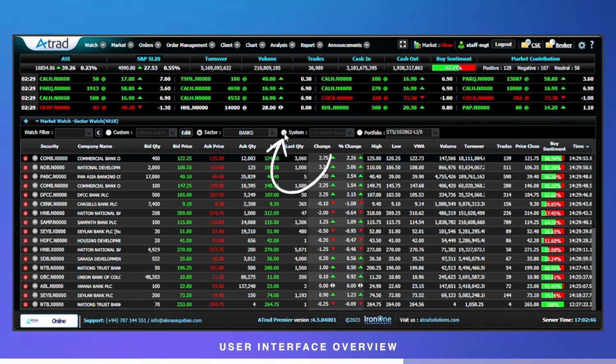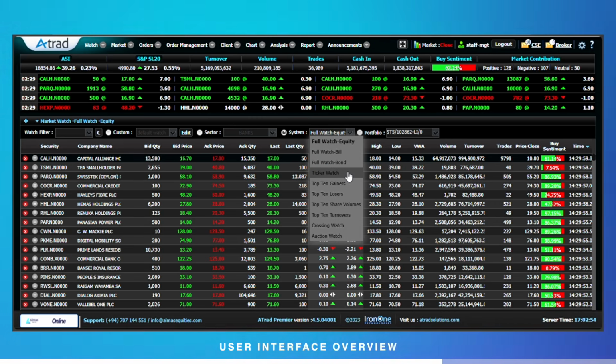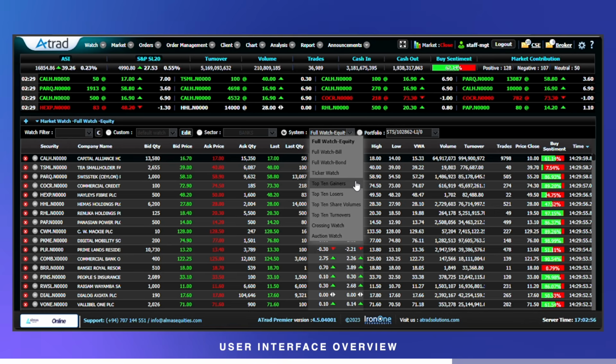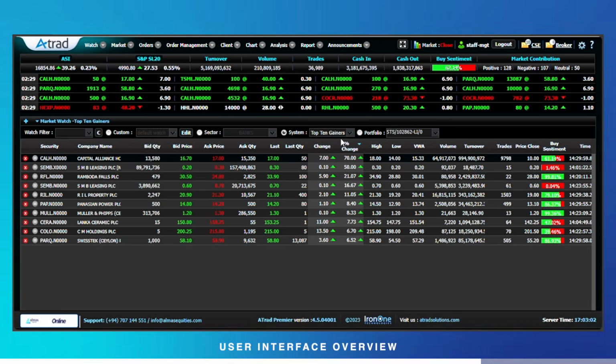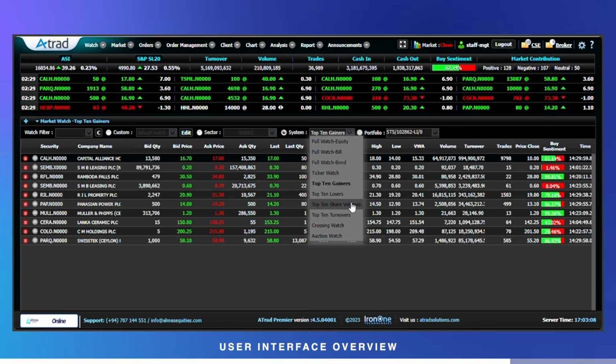And then there is an option called system, and in here you can also direct to that full equity watch. There are a lot of options available here. See, there is top 10 gainers. If you want to see the top 10 gainers of the market as of today, you can press this button and it will show who the top 10 gainers are, then the top 10 losers, the top 10 share volumes, the top 10 turnover, and the crossing watch.